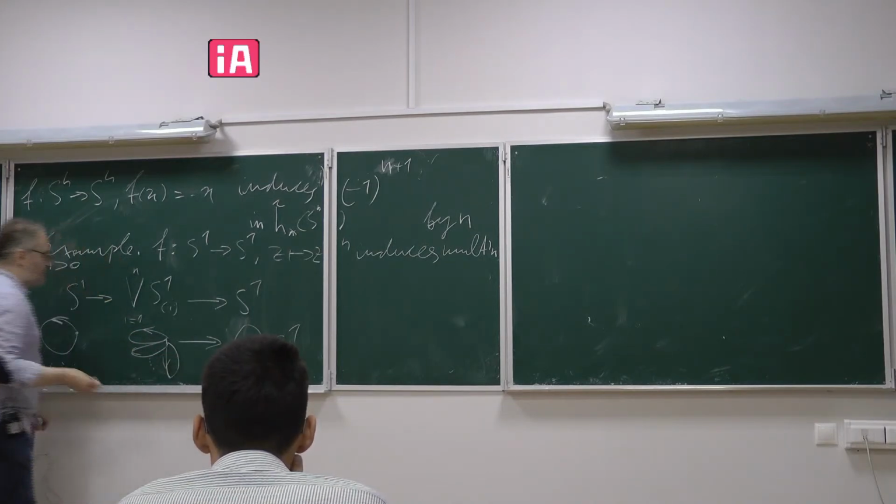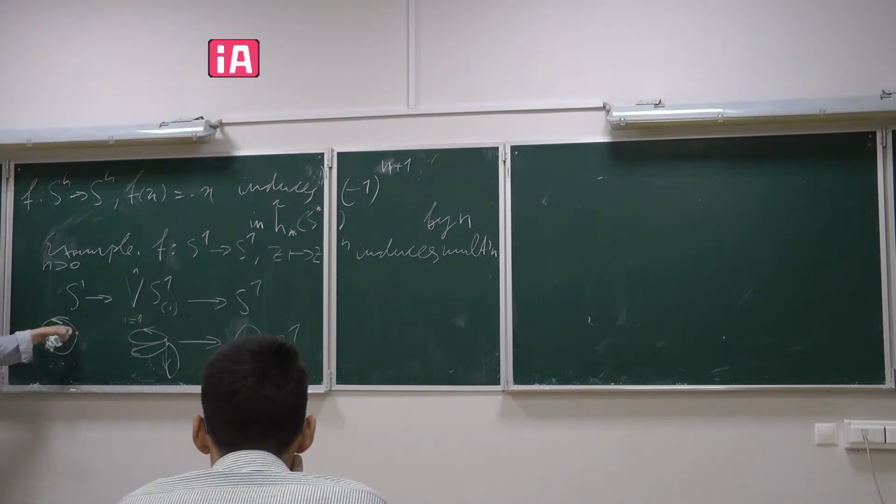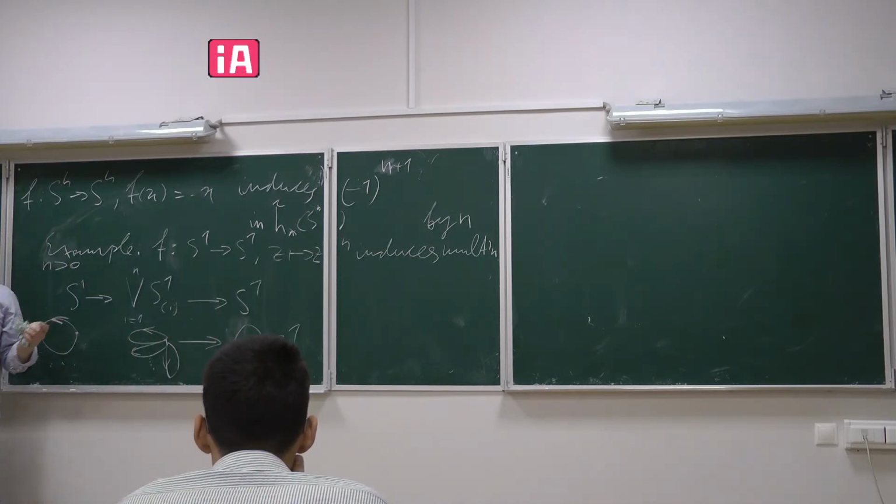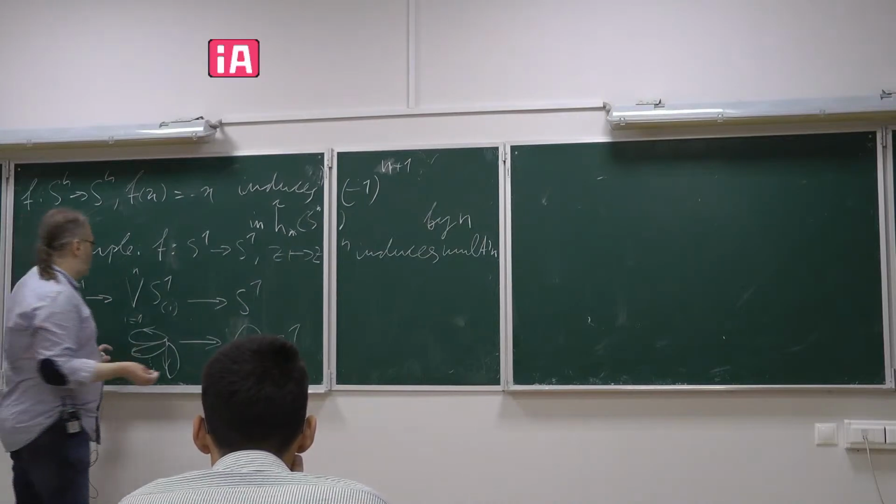So I choose an orientation, and I know that the composition is orientation preserving as a map from the circle to itself. This we know.